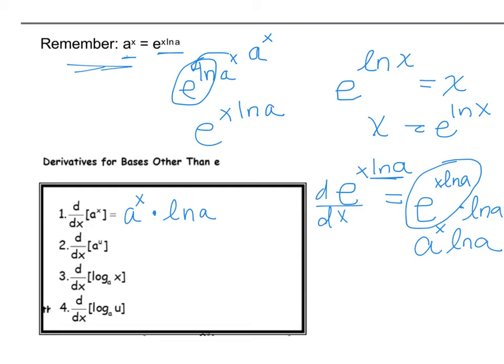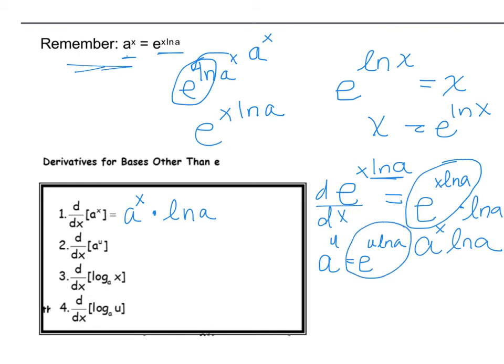Okay, so this next one is the same thing, it's just u. So when you do this, remember that a to the u would be the same thing as e to the u natural log of a.